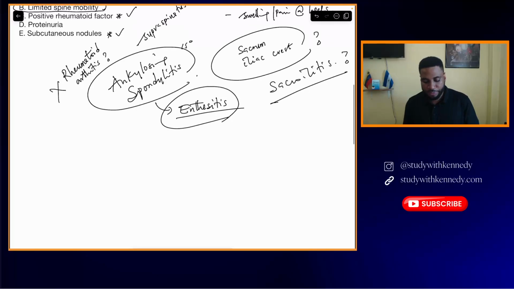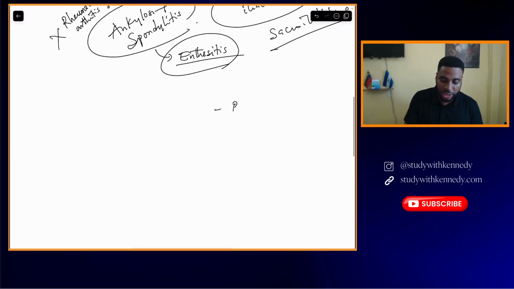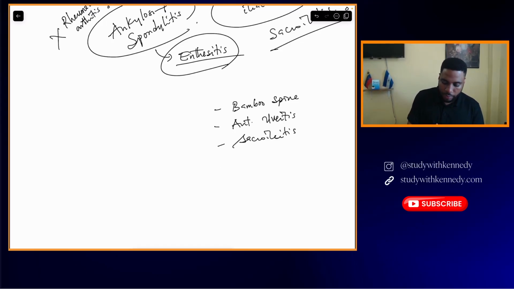You would remember that in persons with ankylosing spondylitis, one of the classic findings is bamboo spine. Of course, they also have anterior uveitis. They have sacroiliitis. They have aortic regurgitation. They have enthesitis.